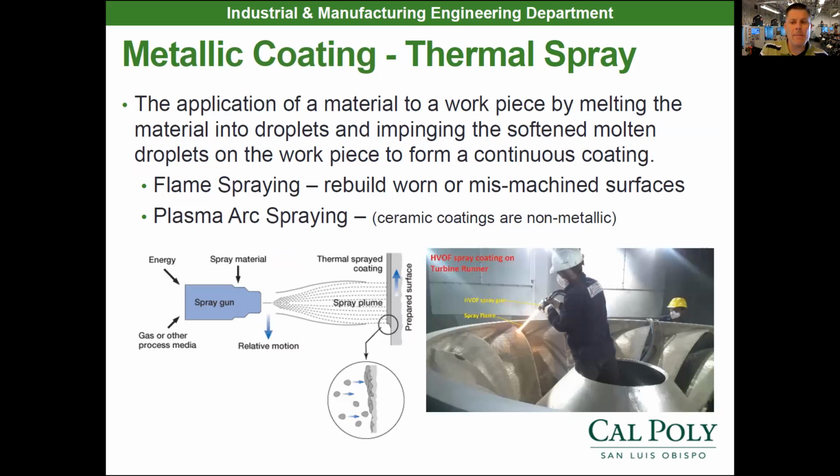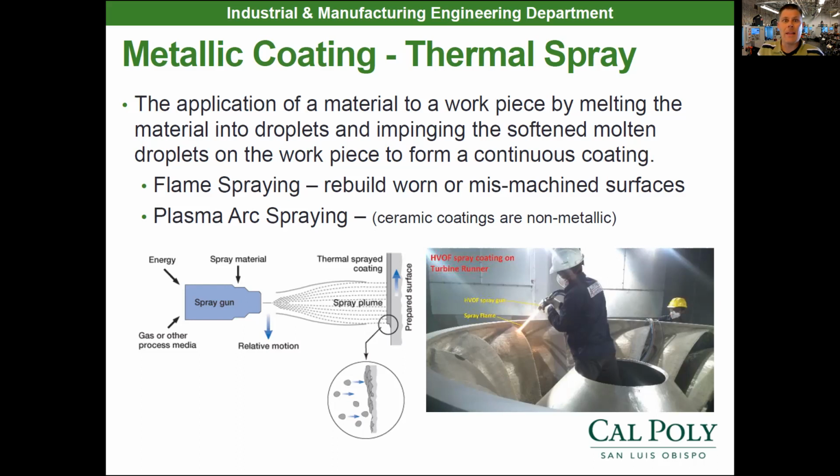In the case of flame spraying, they're rebuilding worn surfaces or fixing machined surfaces by spraying on little metal droplets onto the surface of the part to add material. Then I can machine that right back off. Some more expensive parts definitely use this process.